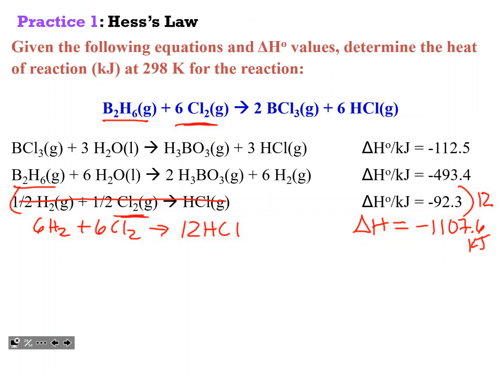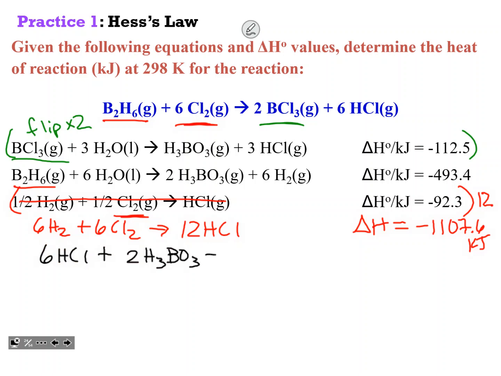Okay. Now, next one here, BCl3 right there. That is not in the correct position, and it doesn't have the right coefficient, so we have to flip it and multiply. So we're going to do that. So flip, multiply. So we do that, and we get 6HCl plus 2 of this boric acid stuff.